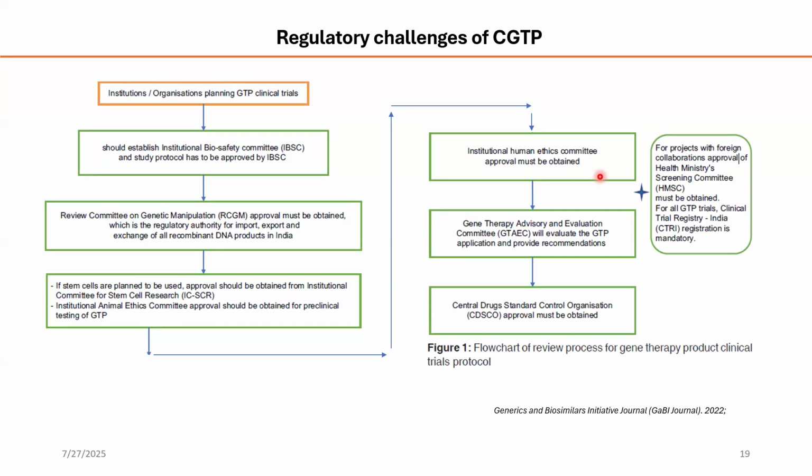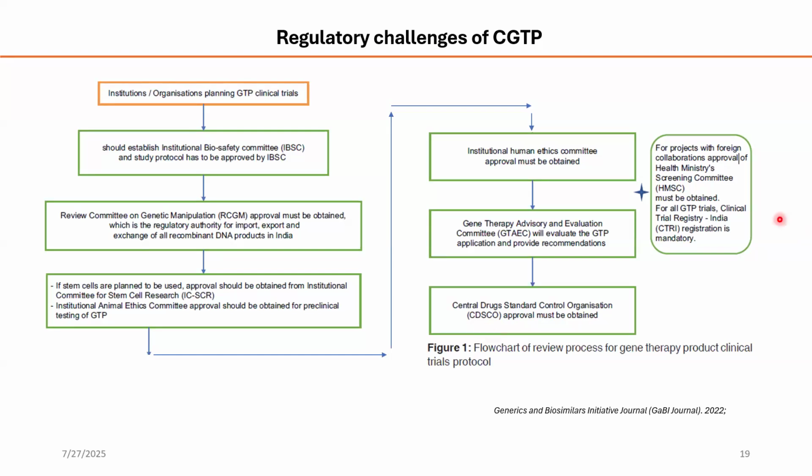So you need approval from the human ethical committee, followed by the gene therapy advisory and evaluation committee for the gene therapy application, and they have to provide recommendations on how this gene therapy product has to be used. Then, finally, the CDSCO, which is the Central Drugs Standard Control Organization, will approve the product.